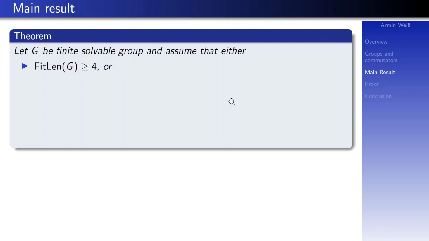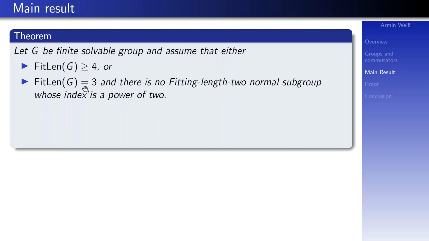So let G be a finite solvable group and either assume that the Fitting length of G is at least 4, or the Fitting length is 3, and we have this extra condition saying that there is no Fitting length 2 normal subgroup of G which has an index of a power of 2.